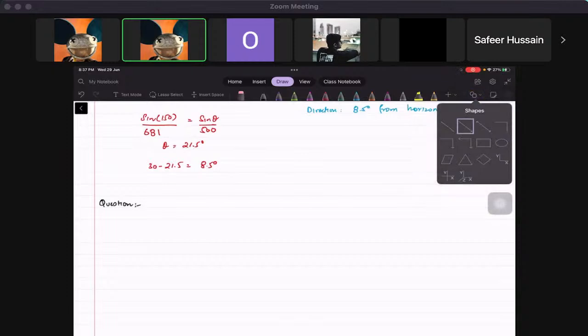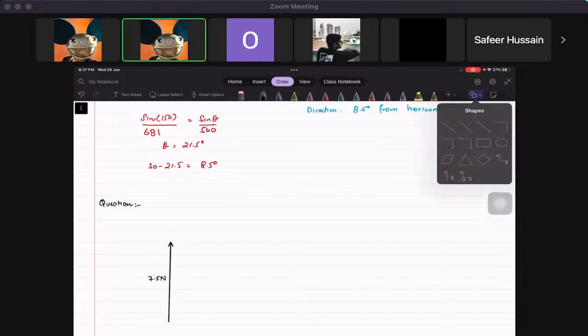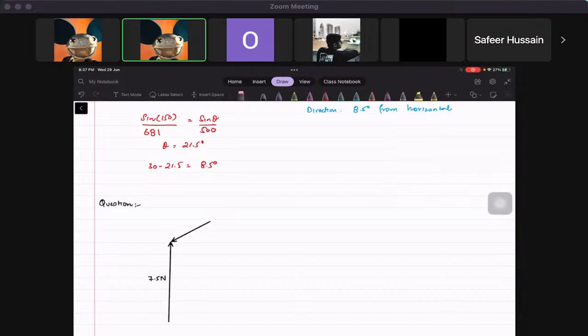They've shown one vector like this, which is 7.5 newtons. Then they have shown one vector like this, which is 2.5 newtons, and this angle is 30 degrees.